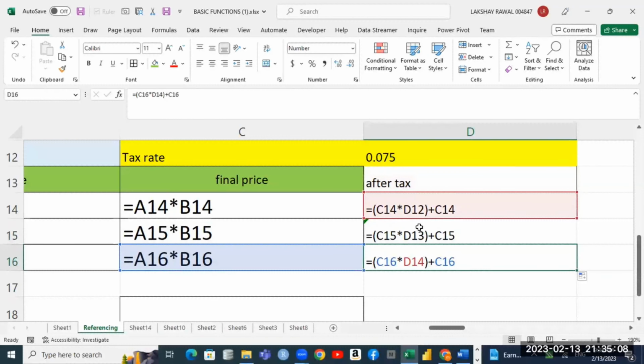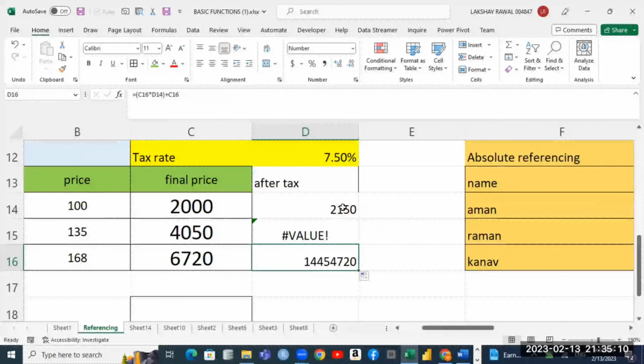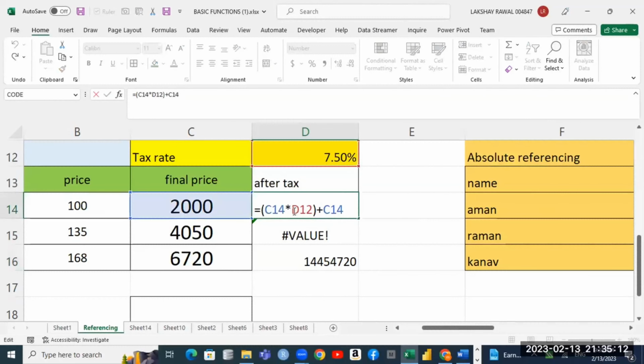So for that, what I have to do in Excel is select D12, and I will press the function key F4.